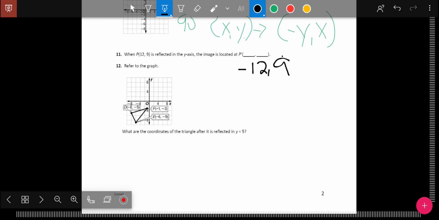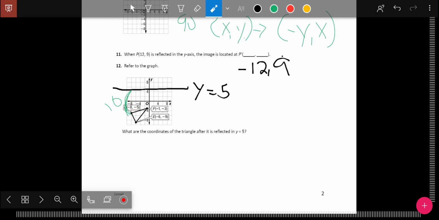Y equals 5. Y equals 5 is a line like right here. If I just talk about D, to get from here to here is 10 spaces. How is it 10 spaces? Well, this is negative 5 down, and I'm going to 5 up. So from negative 5 down to 5 up is a 10 difference in the y.